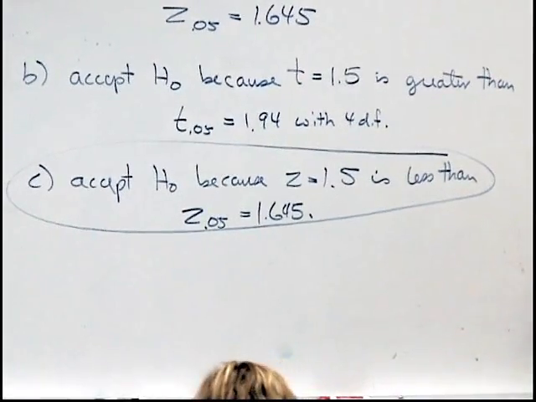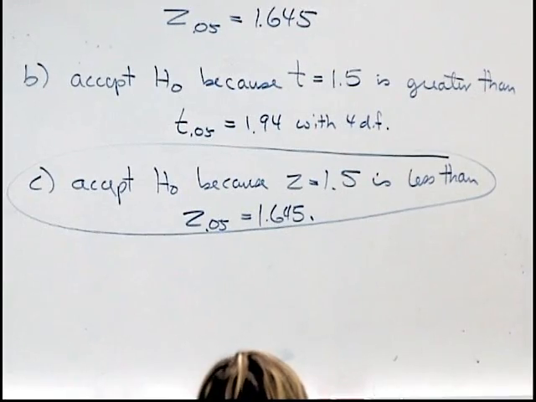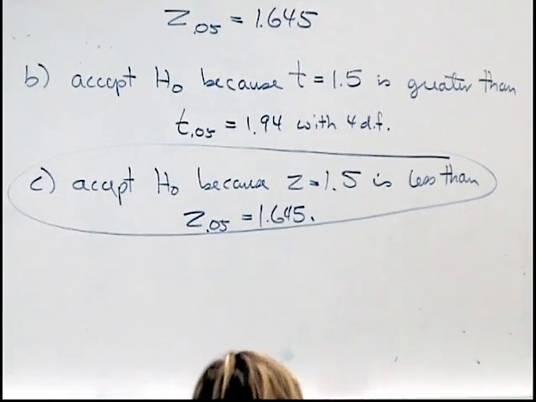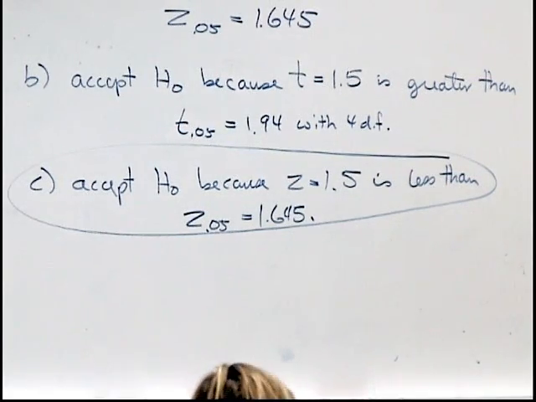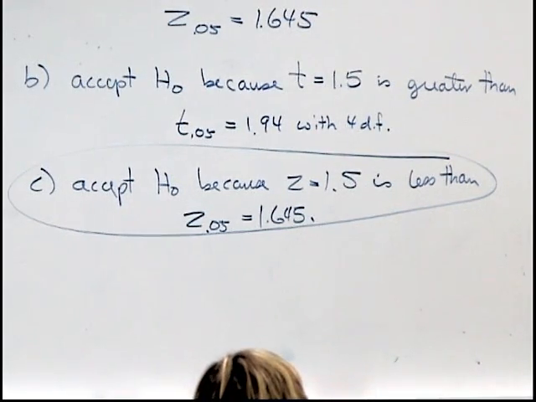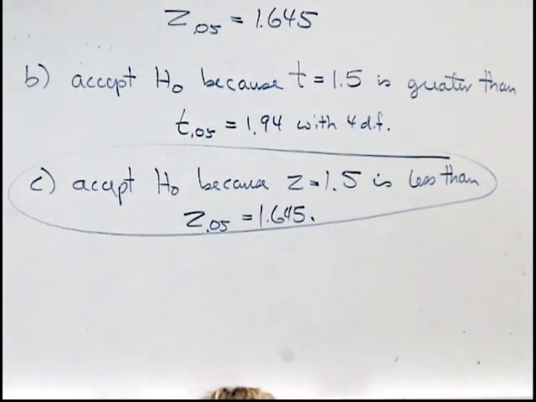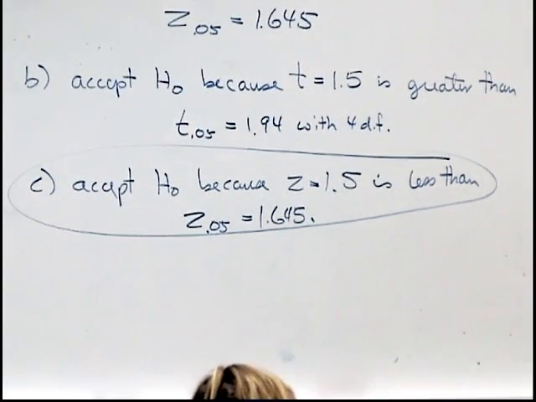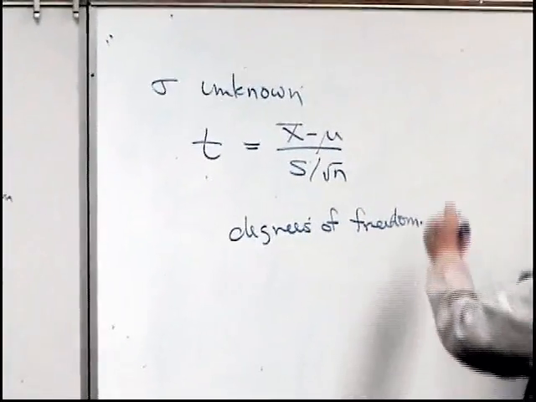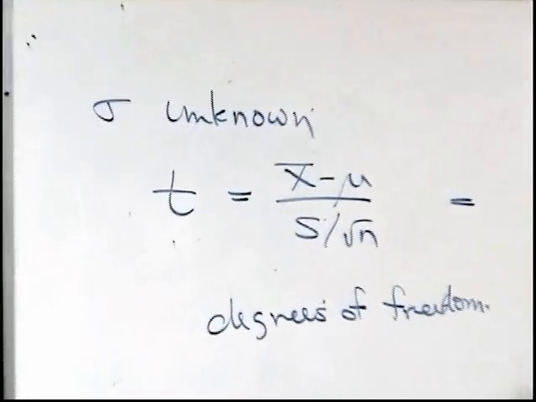Now, sigma's unknown, and what do you use? You use t, it's x bar minus mu divided by s over the square root of n. And I mentioned it just briefly minutes ago. With t, you have to be familiar with the concept of degrees of freedom. In our example, how many degrees of freedom do we have?